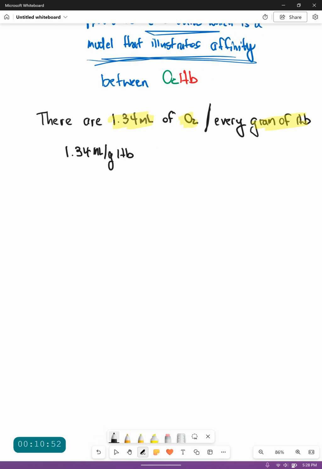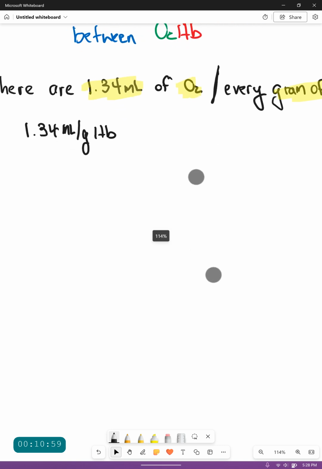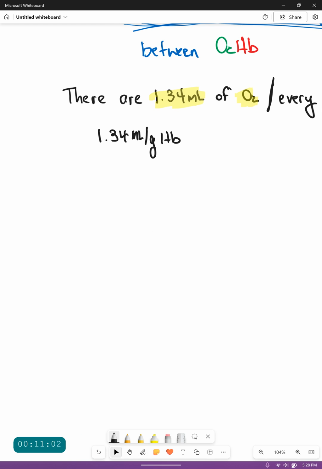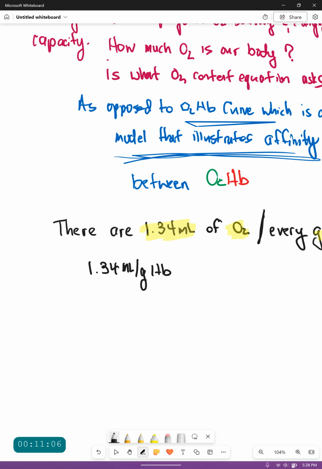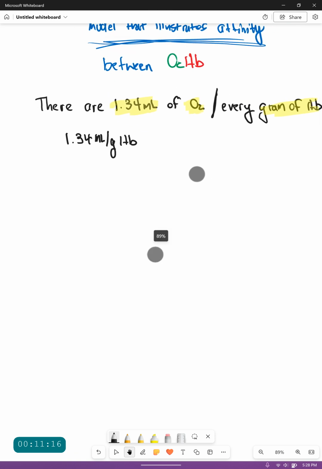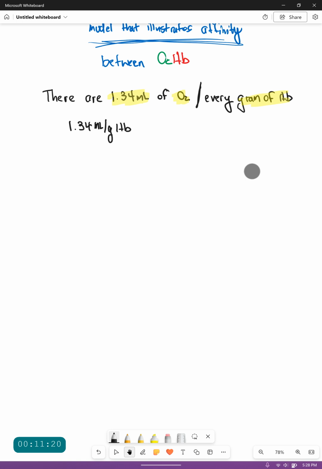Now a normal hemoglobin. I'm going to combine values between male and female here, but it's important to remember that men carry more hemoglobin than women, only by a little bit.